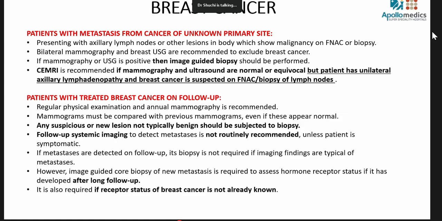If metastases are detected on follow-up, biopsy is not required if imaging findings are typical of metastasis. However, if there are new metastases after a long follow-up, then you need to do a biopsy to assess hormone receptor status. It is also required if the receptor status of the breast cancer was not already known.